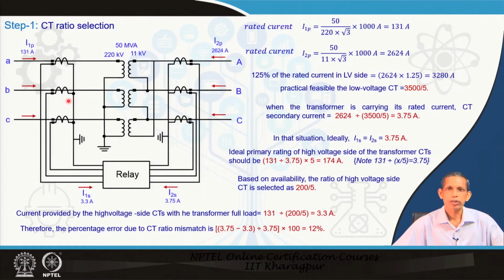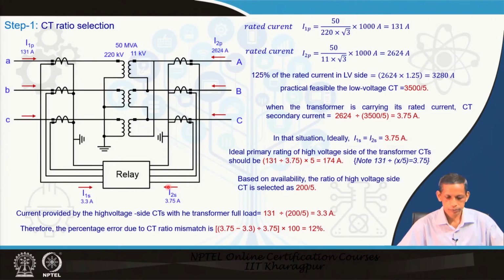And note that we have already mentioned that the numerical relay uses CTs on both sides connected in star. So, with that, we will first see what the CT ratio selection choice will be. We will fix the CT ratio and then proceed for the further protection in the percentage bias relay perspective.